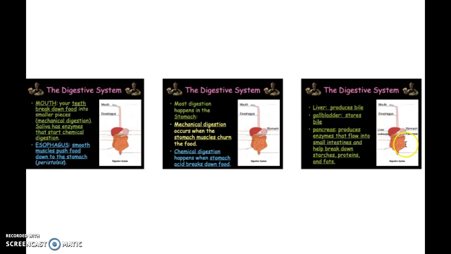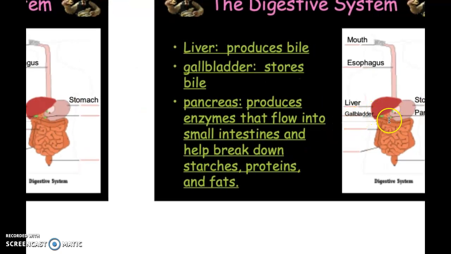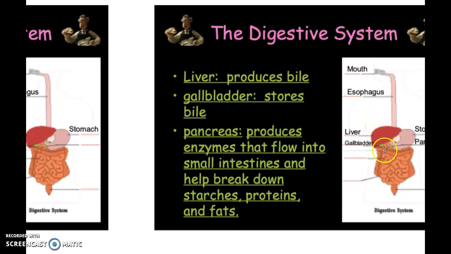Then we have the liver, as you can see here, which produces bile, which is a liquid or a substance that aids in digestion. And the gallbladder actually stores that bile. Now let me zoom in so you guys can see what the gallbladder looks like. Do you see those little green substances? Those are actually the gallbladder, and those store the bile that is produced by the liver.